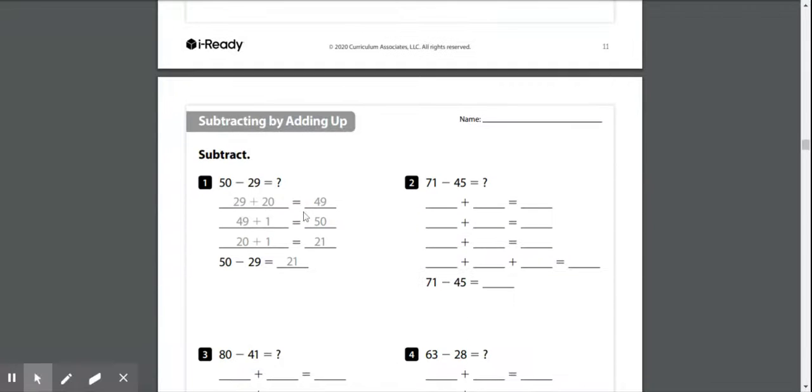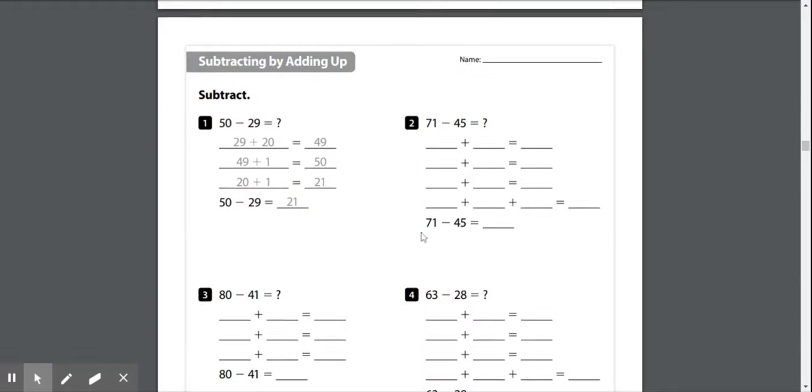Okay, so we're going to look at the next page. There's different ways that you guys could solve this. So I didn't really see a point in me going over my way because several of you could come up with different ways. If you look at the example, we have 29 plus 20. They're breaking it down into different groups of 10 and then adding on ones.